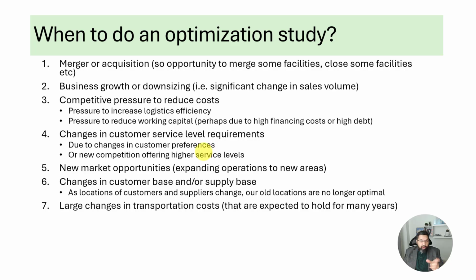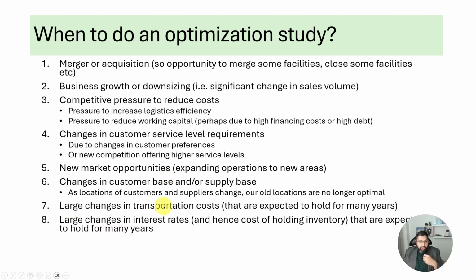So the trade-off between these costs is going to be different now that the transportation rates have gone up. If they have gone up and you expect them to stay high, it's not a temporary spike, then you would want to redo the optimization study to see if opening new facilities is going to help you reduce your transportation expense.